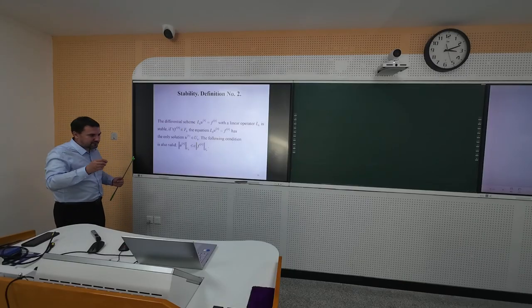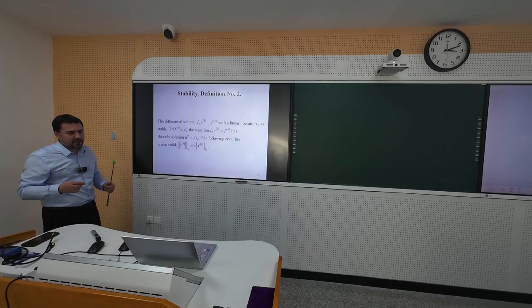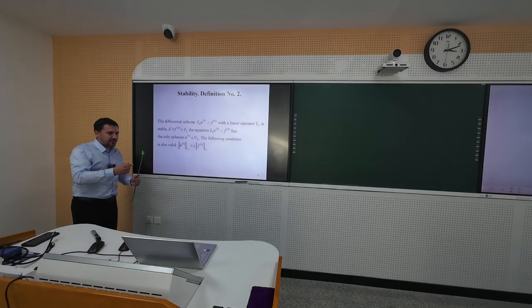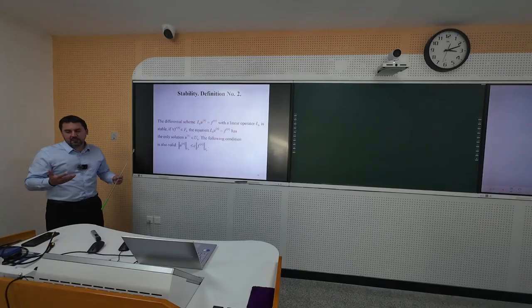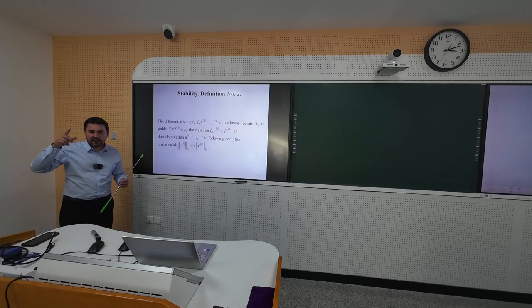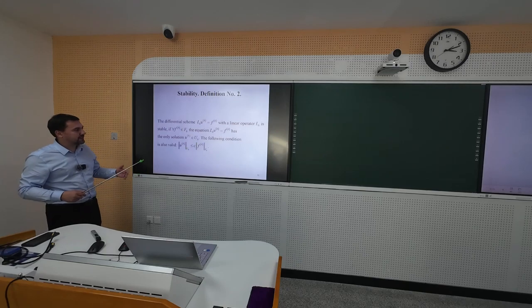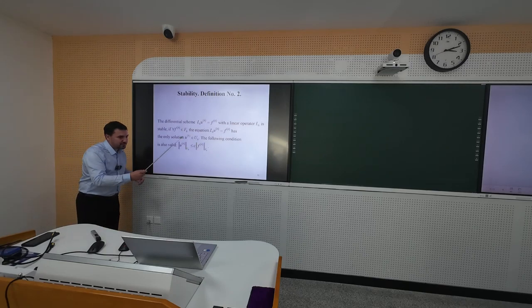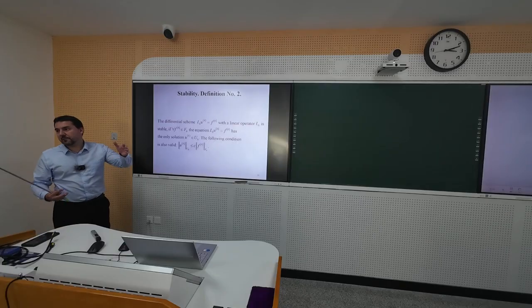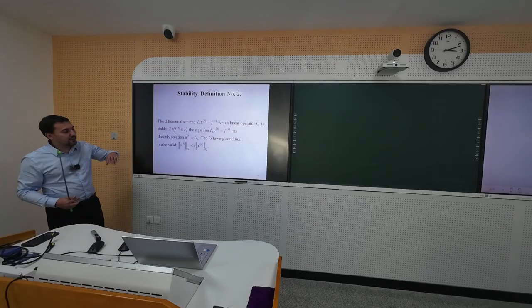You get some graphs, some plots, and suddenly in your files, instead of numbers, you see NaN, which means something goes wrong. Very often it means your numerical scheme is unstable, and the numerical solution becomes unbounded, infinitely large.